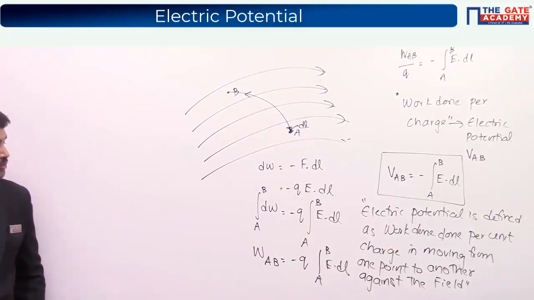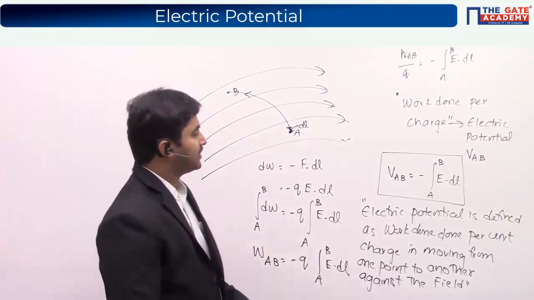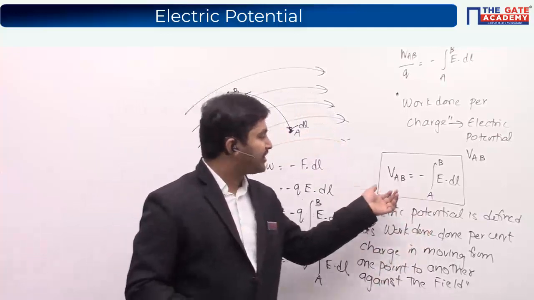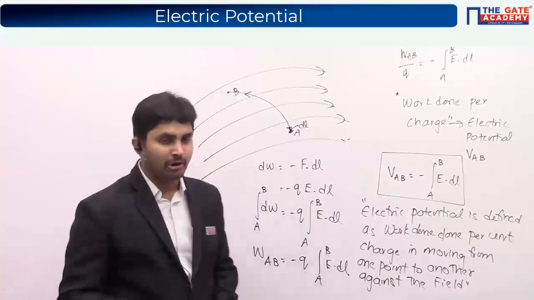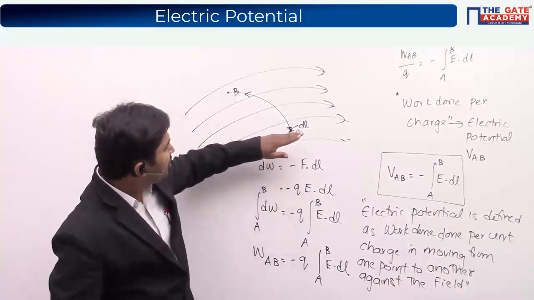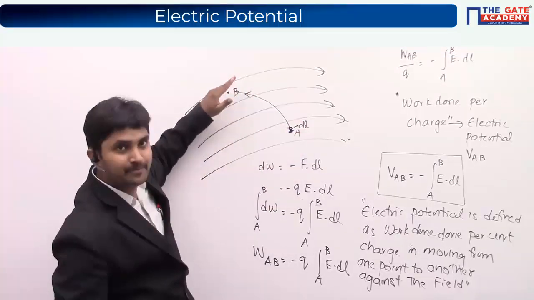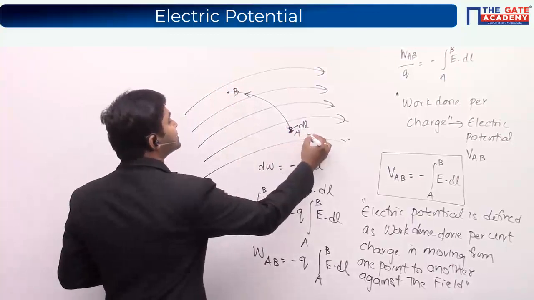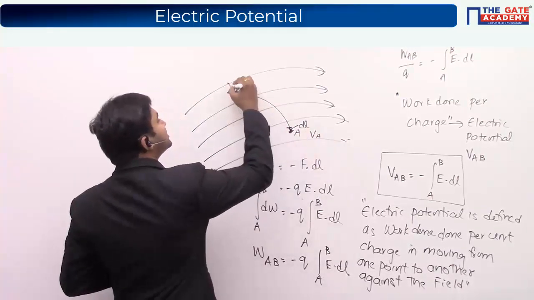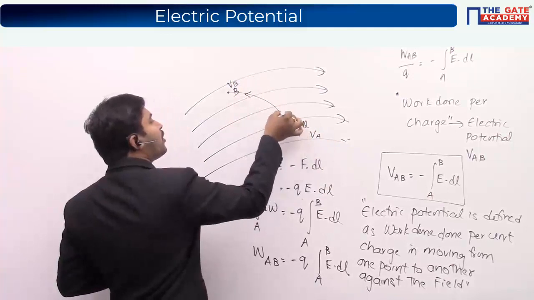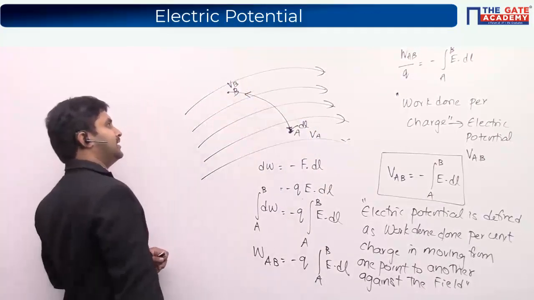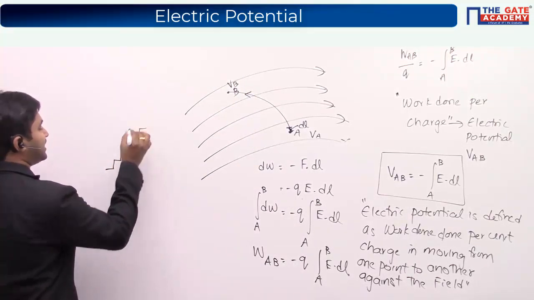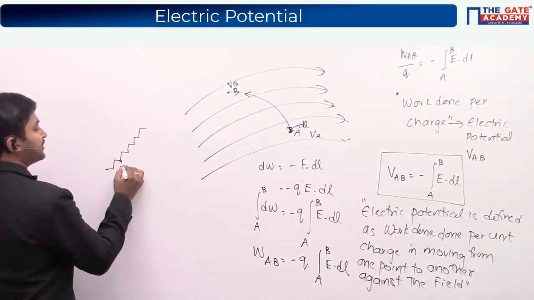Right. So now there is a question: what is the meaning of V_AB? Is it V_A minus V_B? No. Please understand, if you are moving from point A to point B, and I say that the potential at point A is V_A and the potential at point B is V_B, it is something like defining the potential of each step.